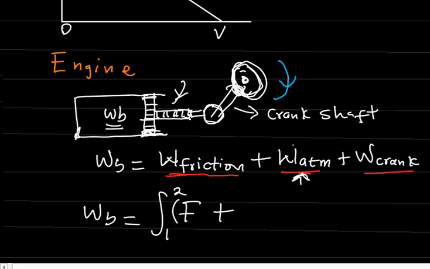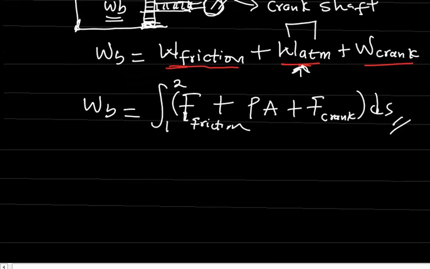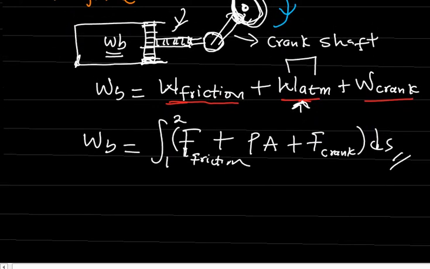Then for atmospheric pressure, that is pressure times area. Then for the crankshaft, that's force on the crankshaft. All multiplied by dx. Okay, so please take note of that.